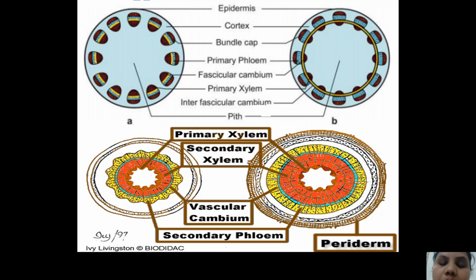And in the secondary growth, you can see here the primary xylem, how it is being crushed into the center, and the primary phloem is ultimately stripped off because of the development of the later formed secondary tissues called secondary xylem and secondary phloem.